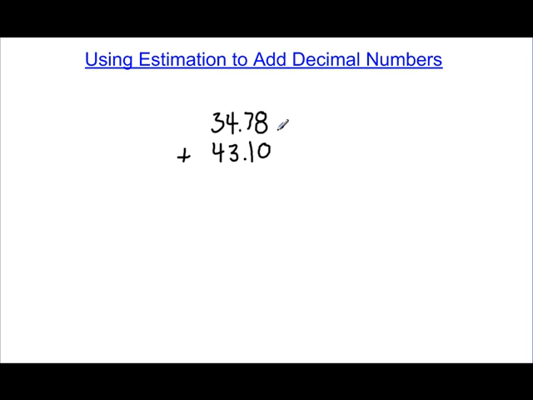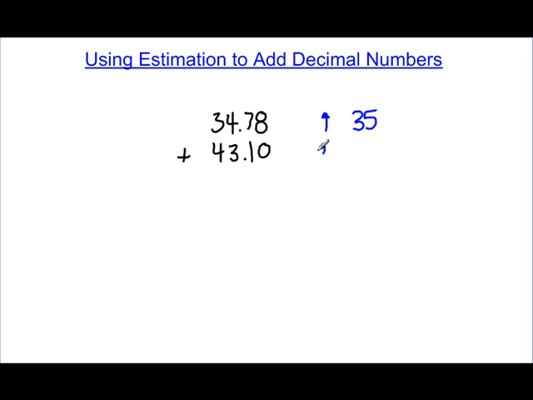So I'm going to go ahead and round this number up to the closest one. And I like rounding this up to the number 35 because I like adding numbers that end in 0, 2, 5. Those are great benchmarks for me. So I'm going to round up the number 34 and 78 hundredths to the whole number 35.